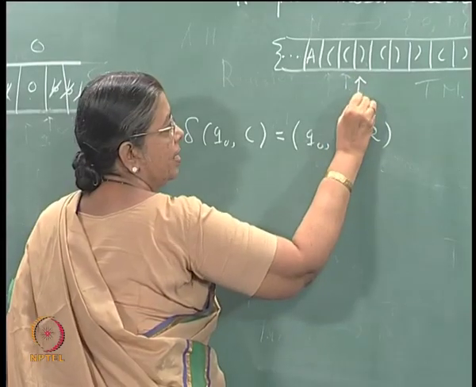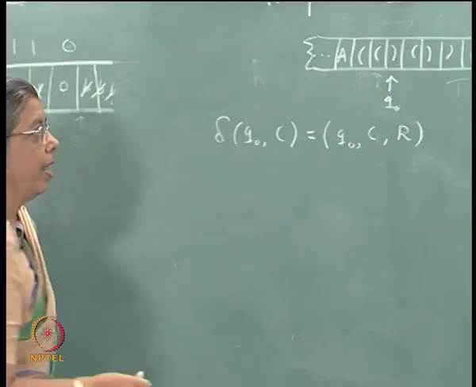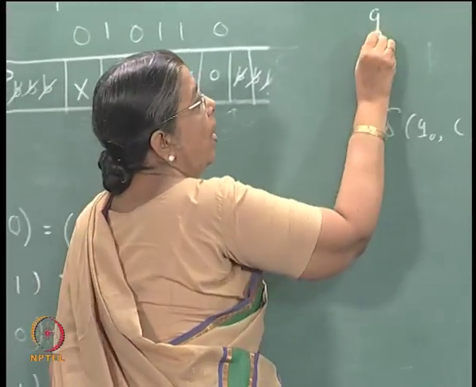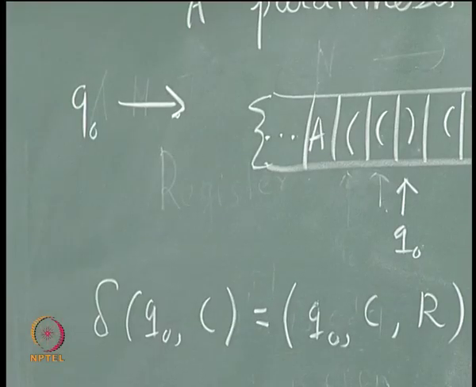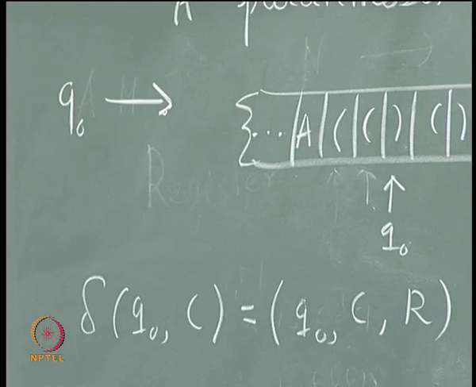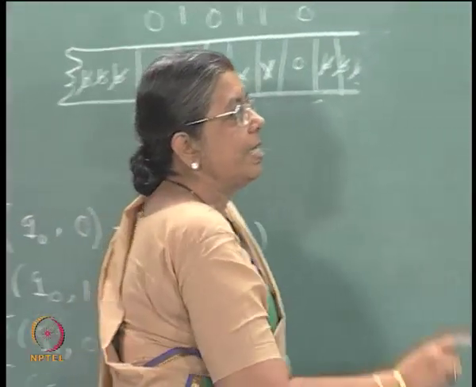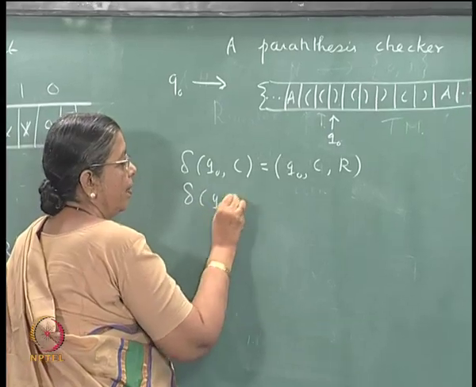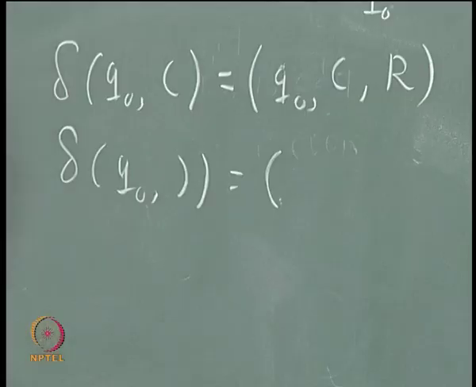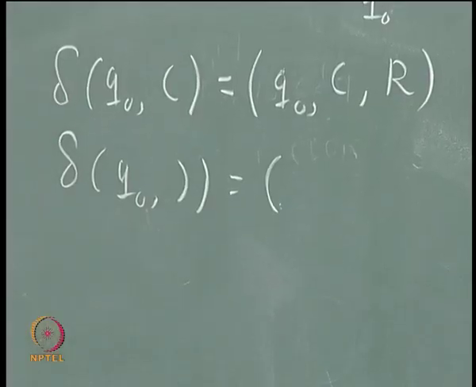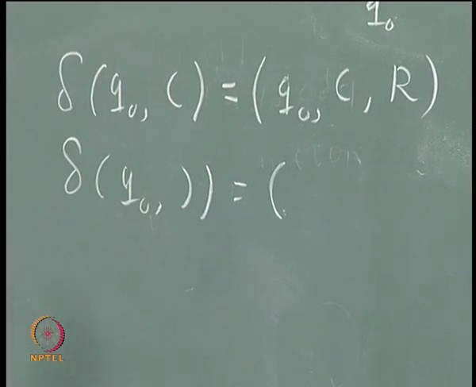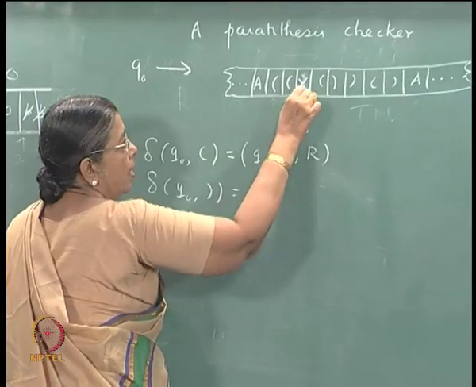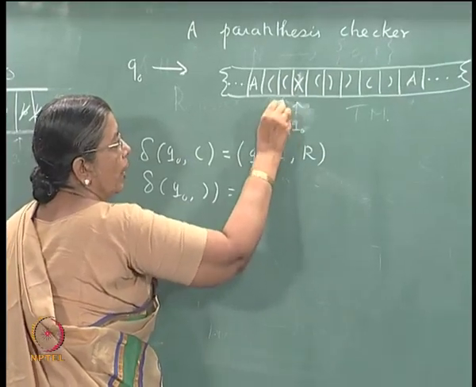Now, it comes here in state q0. So, q0 is a right moving state. Now, when it sees a right parenthesis in state q0, what will be the mapping? It changes that into an X and starts moving left in state q1.